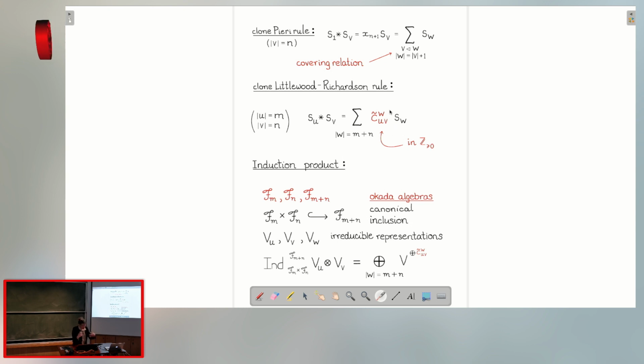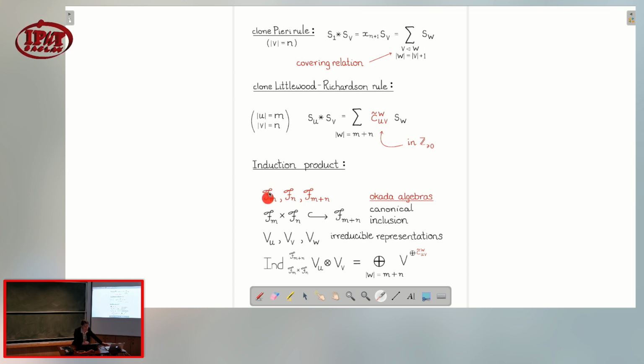And here we get the representation for it. For every rank m in the Young-Fibonacci lattice, there'll be a semi-simple algebra called the Okada algebra. This will be our analog of the group ring of the symmetric group.